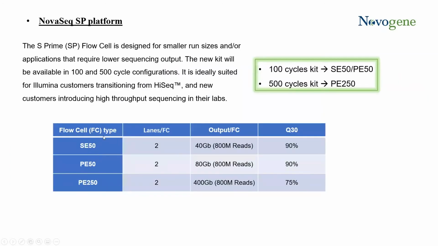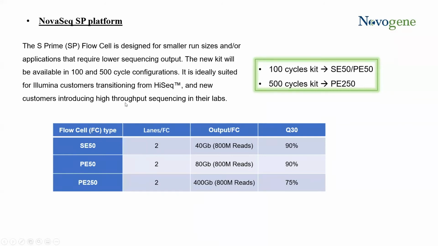We'll get into a bit more on the prime flow cell, so the SP flow cell. As I alluded to, it's designed for smaller runs, so smaller data production. There are different cycle configurations. So we spoke about how the S4 has a cycle potential of 338, whereas depending on the sequencing approach, so if we are doing SE50 or paired end 250, the cycle amounts will increase or decrease accordingly.